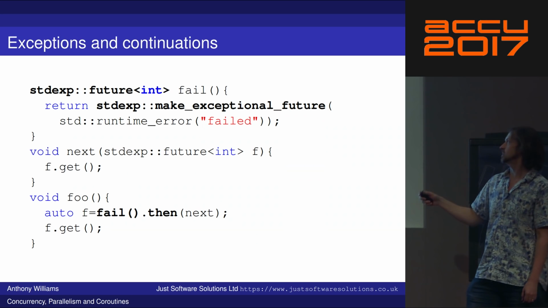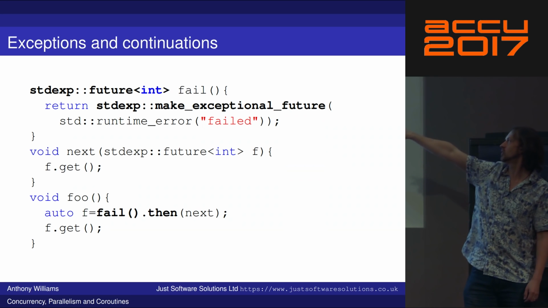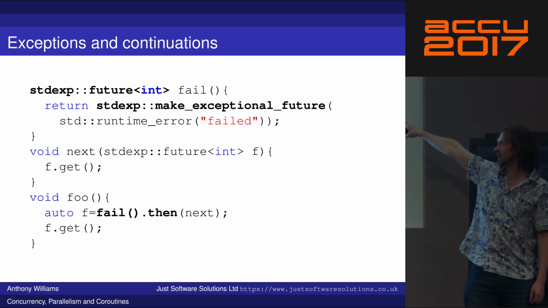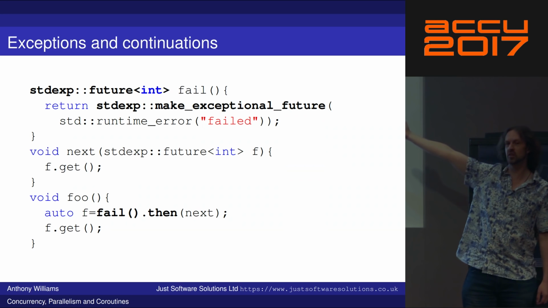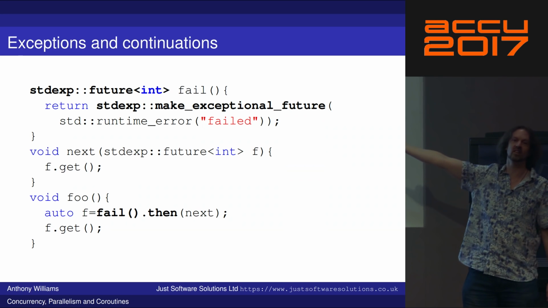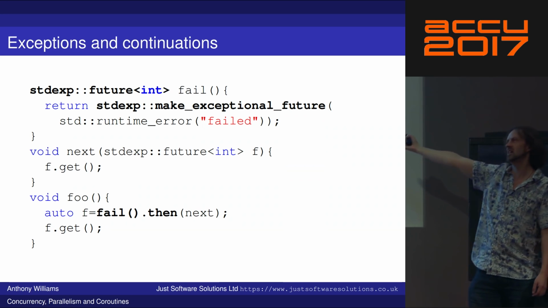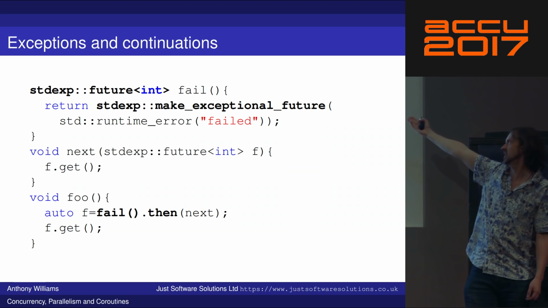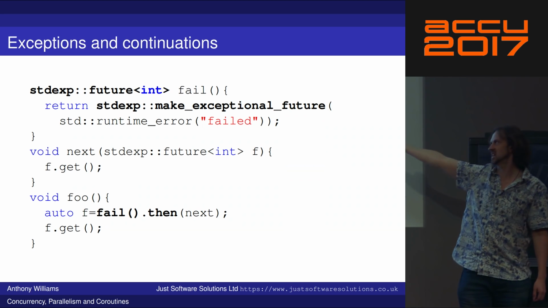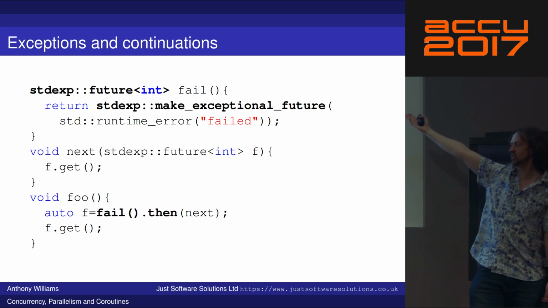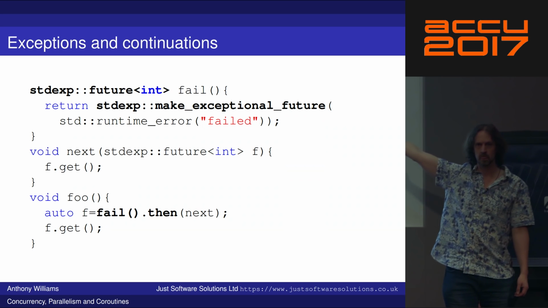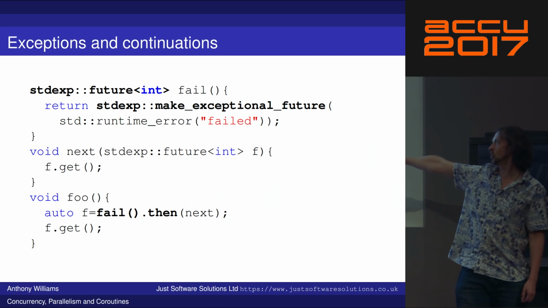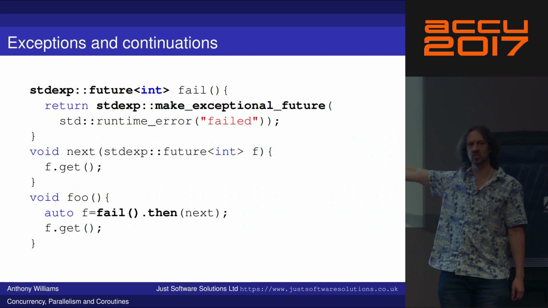As I said about exceptions, if you've got a fail function, it's going to return a future that notionally contains an int, but it's going to be already ready, and it's going to return an exceptional future that contains an exception. So if you call get on that future, it's going to throw. Well, we're not going to call get, we're going to call then, and we pass in a continuation.